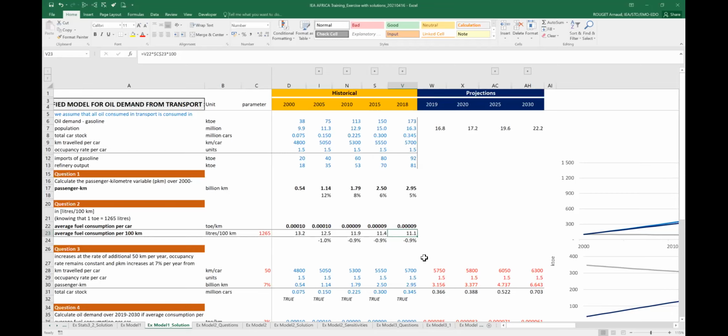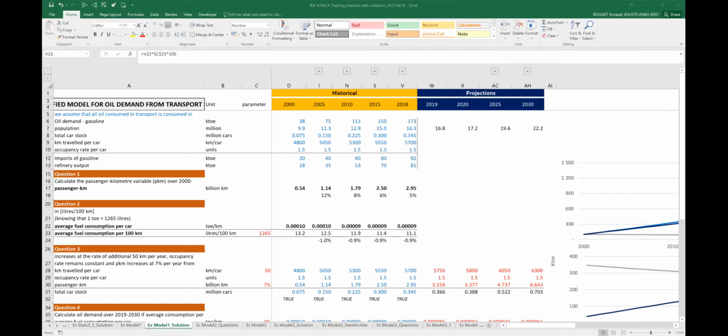Again, taking as input data the kilometers traveled per each car, the number of cars, and the oil consumed by all cars. I hope this answers.